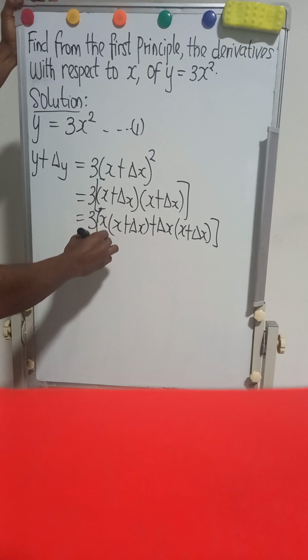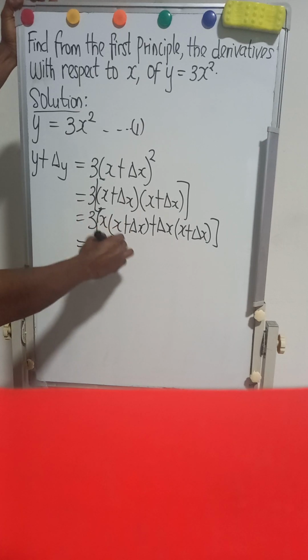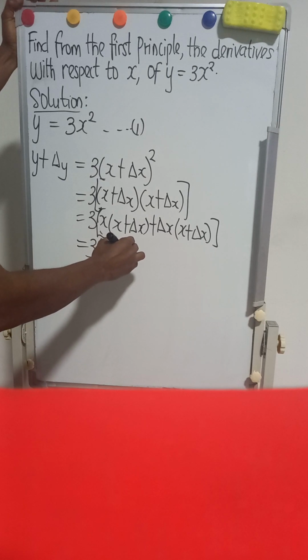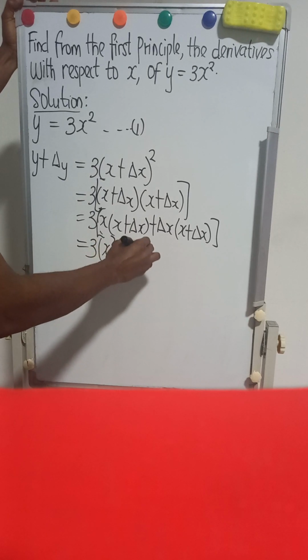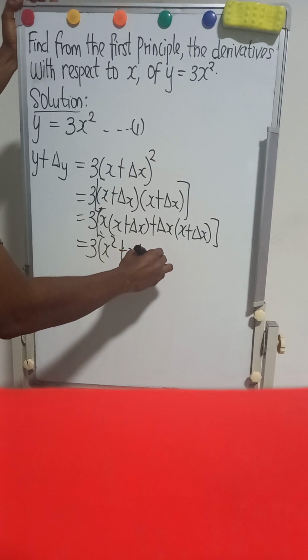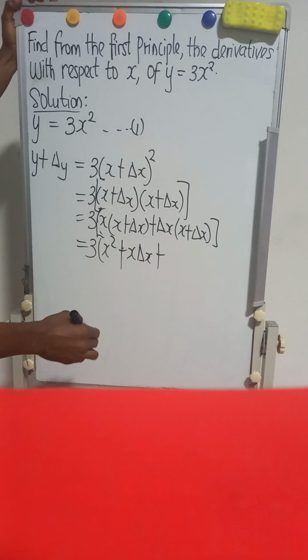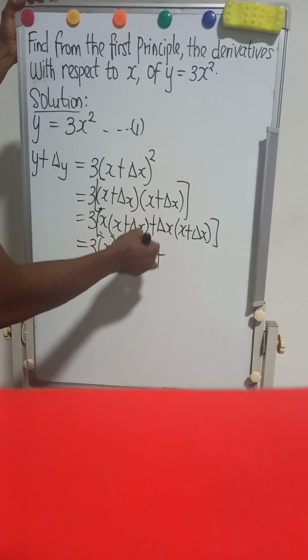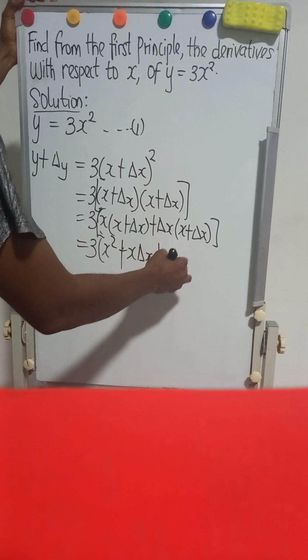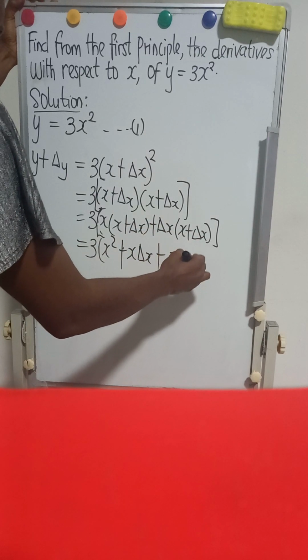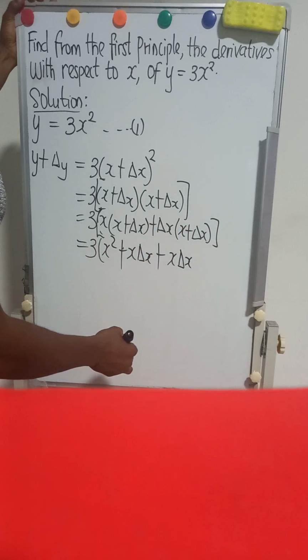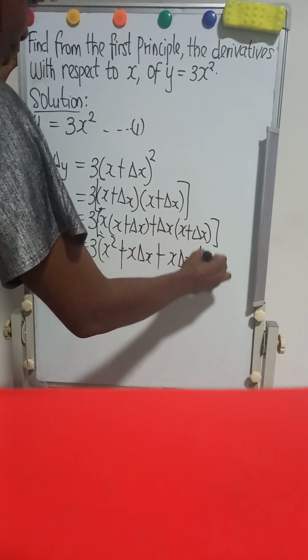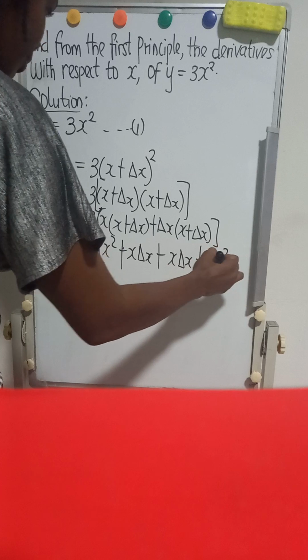x times x will give us x squared. x times change in x will give us plus x delta x, plus delta x times x will give us x delta x. Delta x times delta x will give us delta x squared.